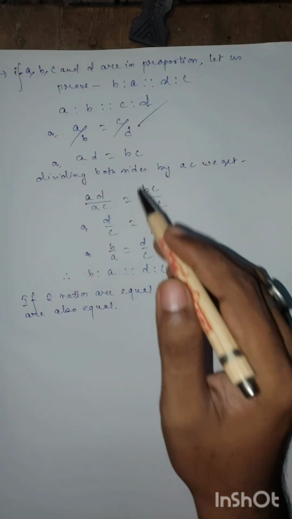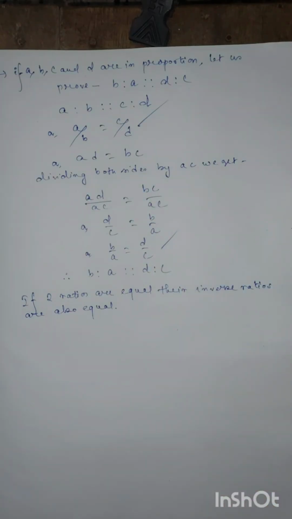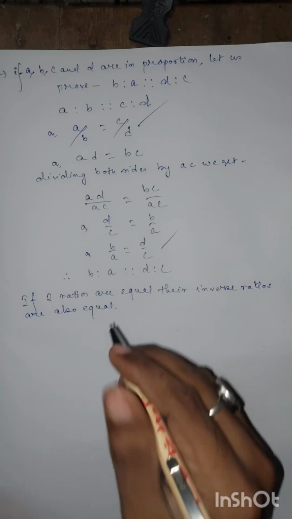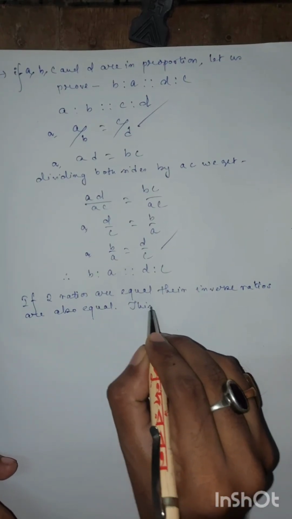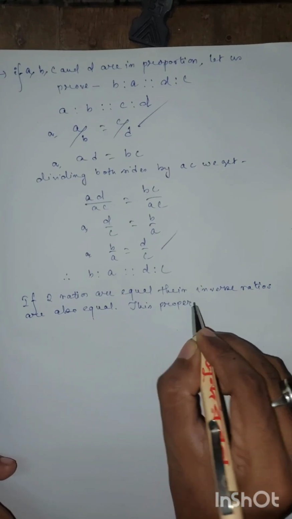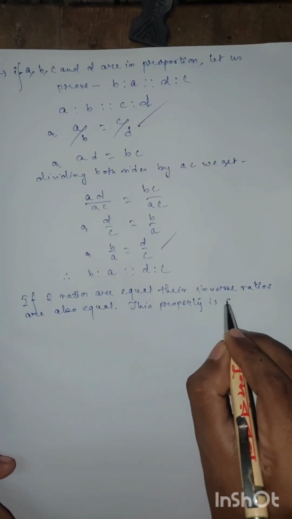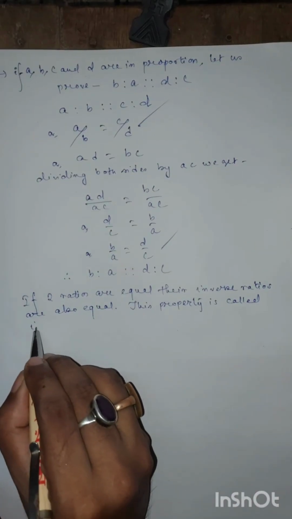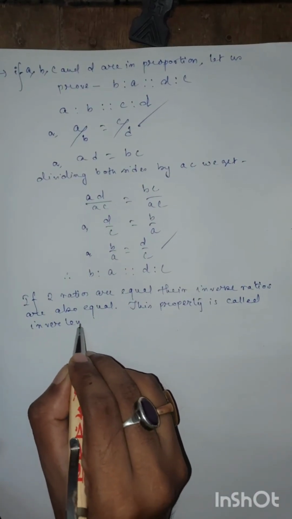So we can also say the inverse of these ratios will also be equal. This property is called invertendo.